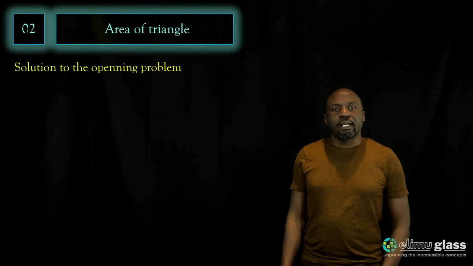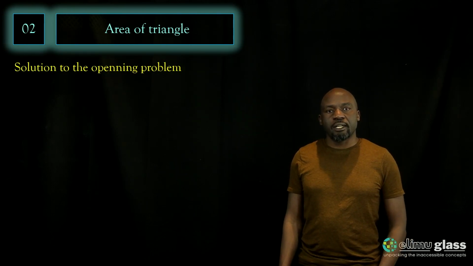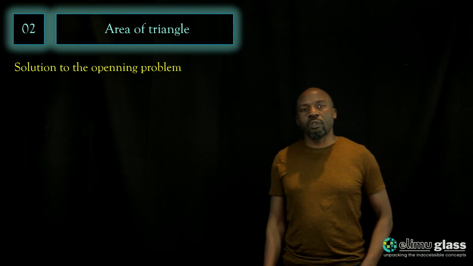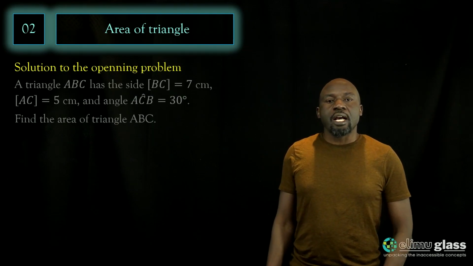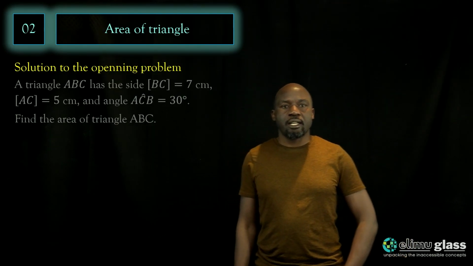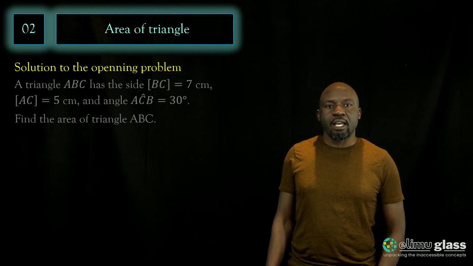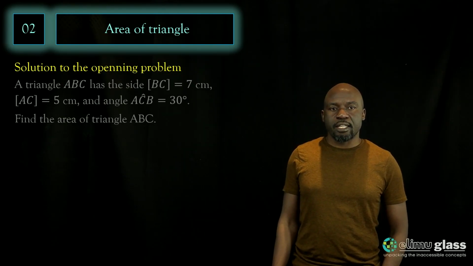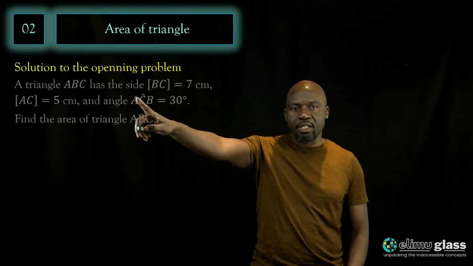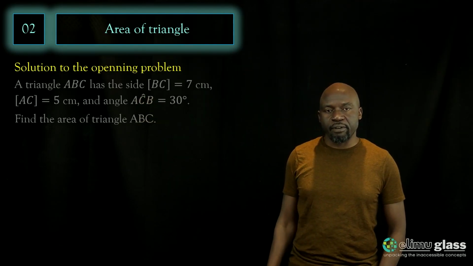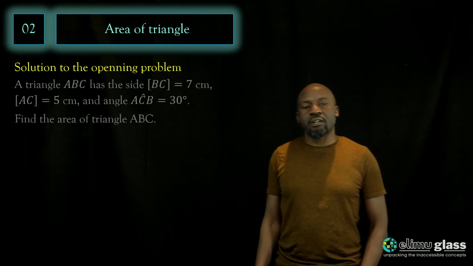Now let's see if we can solve the opening problem. A triangle ABC has the side BC as 7, AC as 5, and angle ACB as 30 degrees. Remember that the curve there means that we are talking about angle C. Find the area of the triangle ABC.